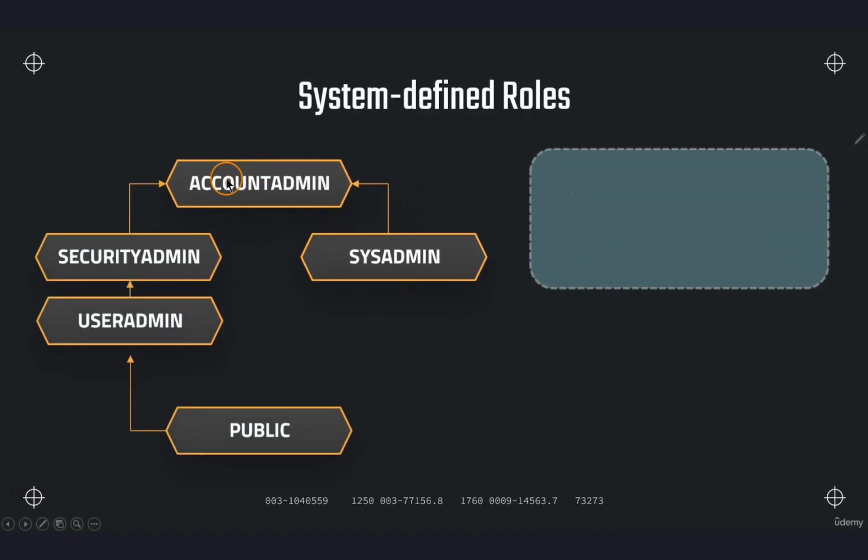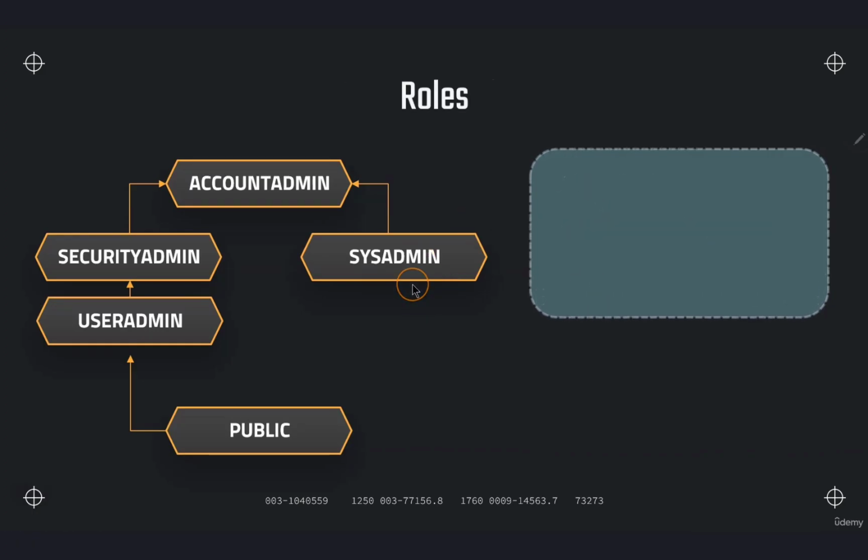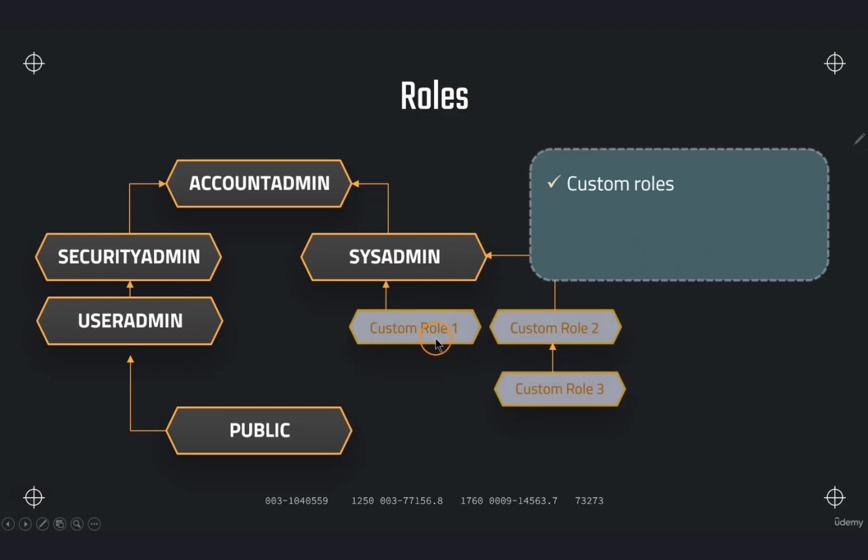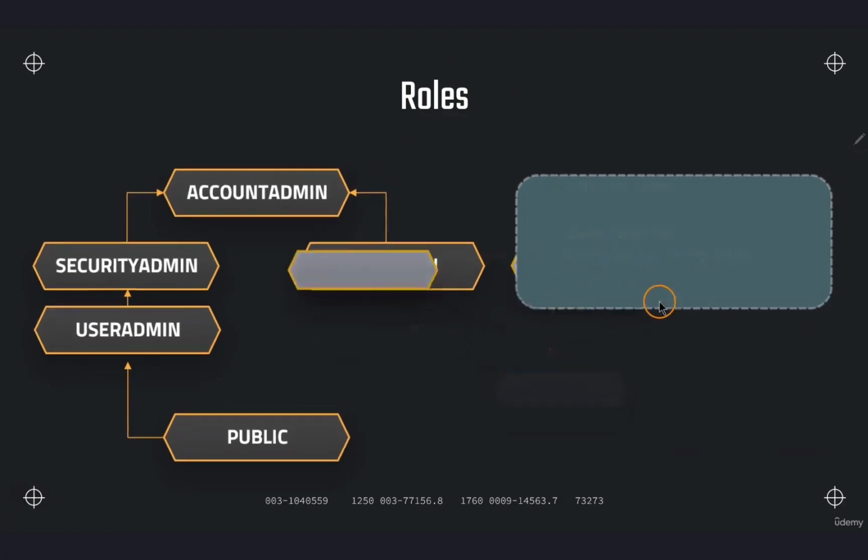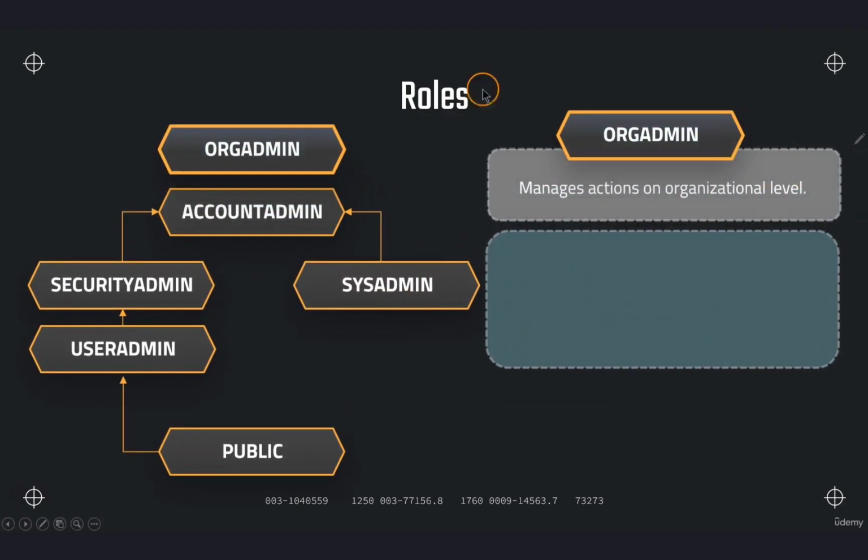And then, as we have said, we have those system-defined roles. They can't be dropped, and we can add privileges to it, but we cannot revoke privileges. But again, we talk in more detail about this later on. For now, we just briefly want to mention that custom roles should be assigned to the sysadmin, and outside of this hierarchy we also have the org admin.